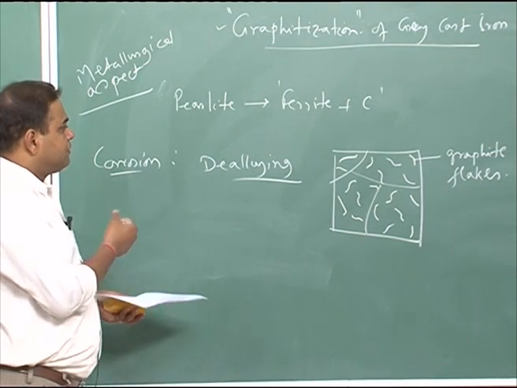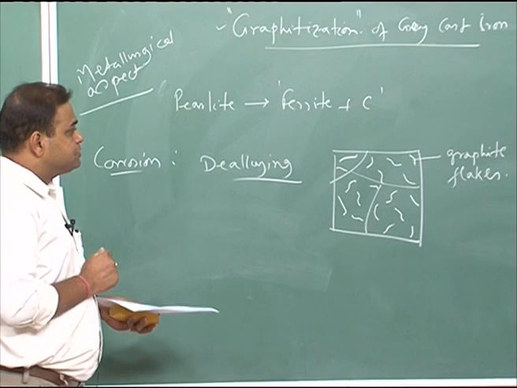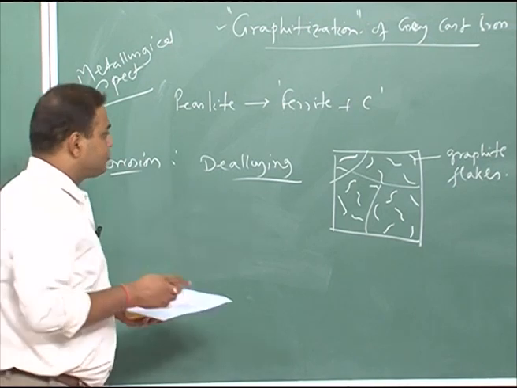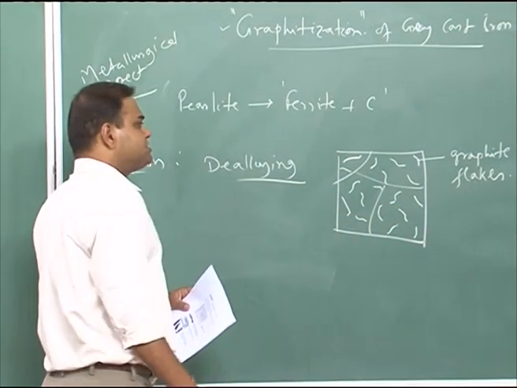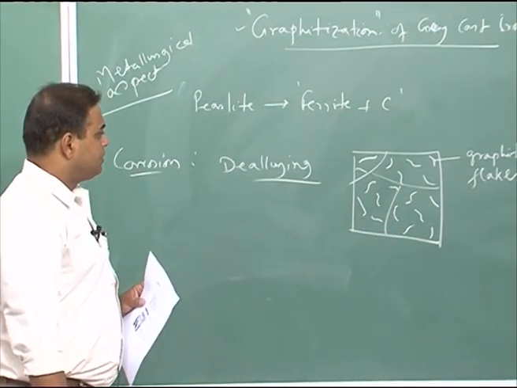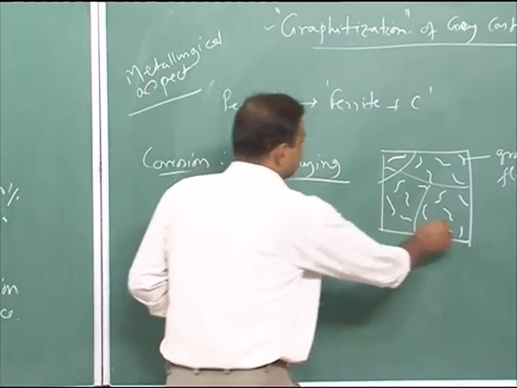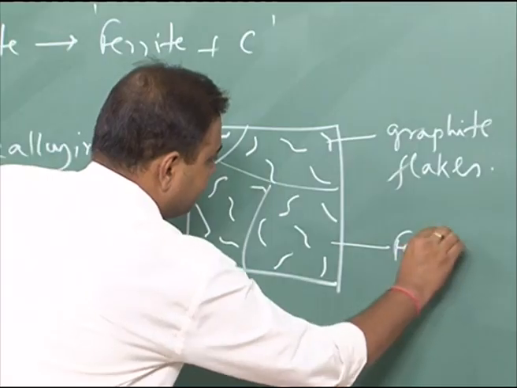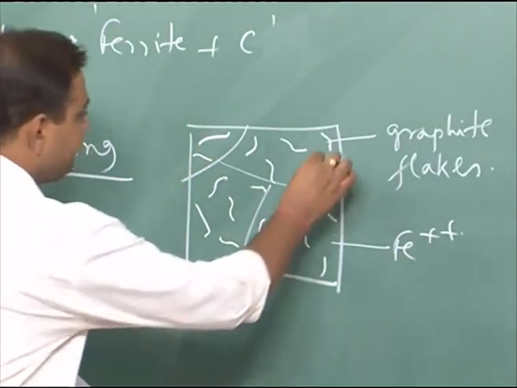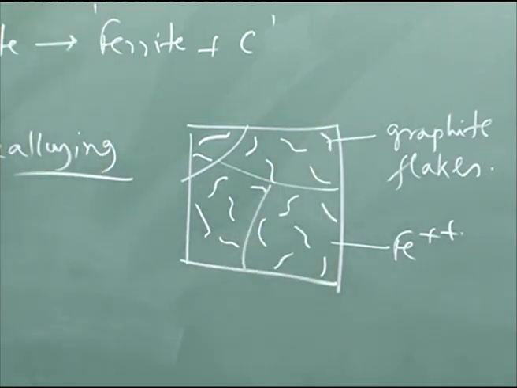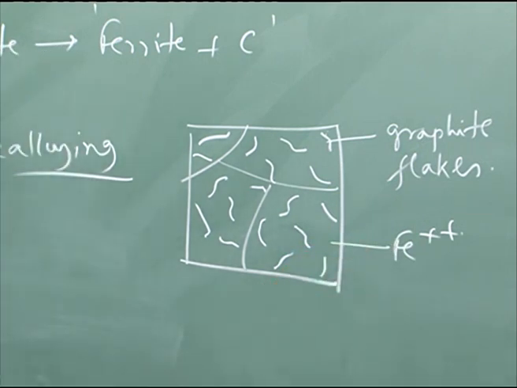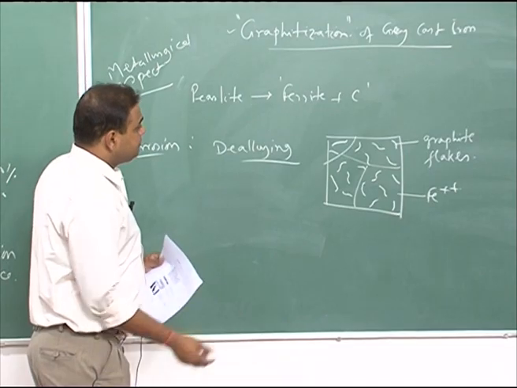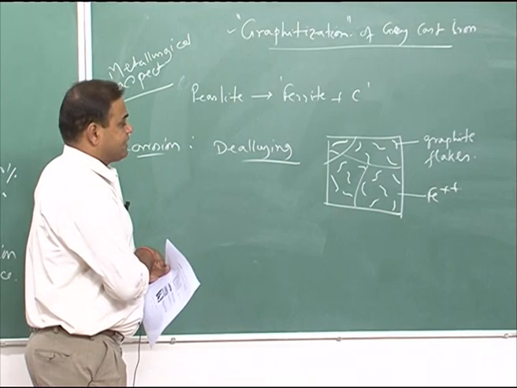So, you have a galvanic couple between graphite and iron. If you expose this into a mildly corrosive solution, the iron goes out in the form of ions, leaving behind graphite. So, there is a selective dissolution of iron and the graphite flakes stay back.